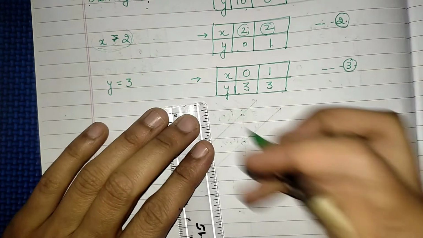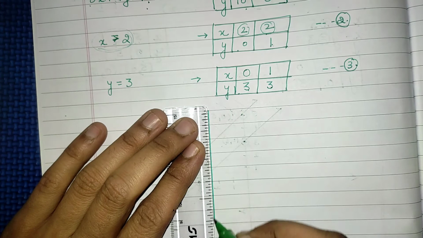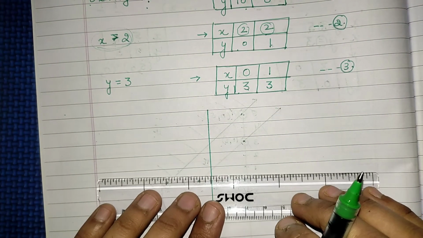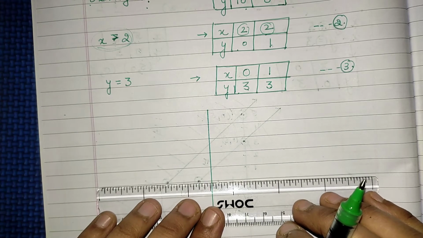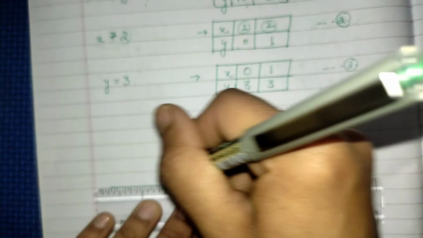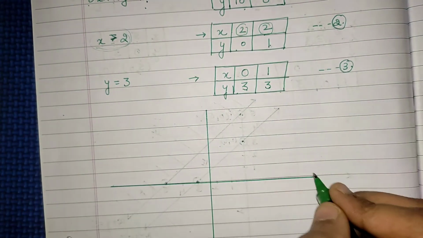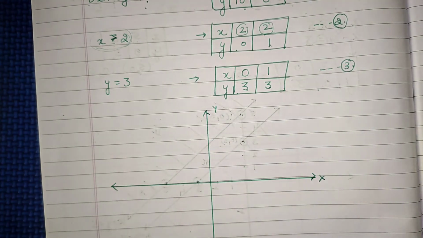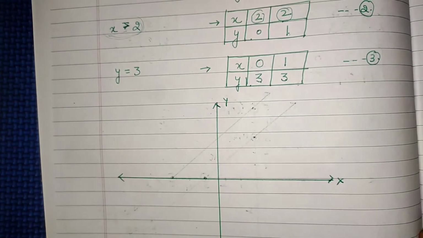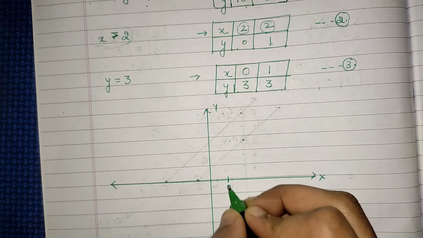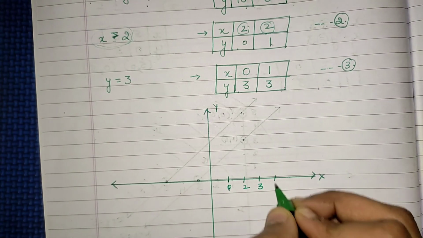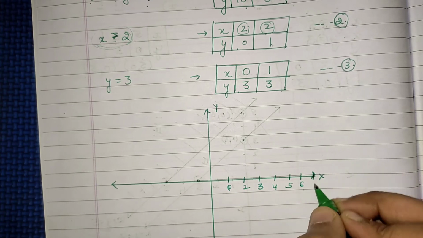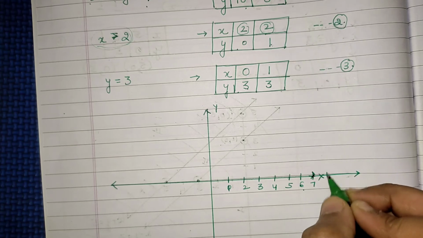So what is our next step? Our next step is to draw all these 3 lines on the graph. How will we draw? This is my x-axis and this is my y-axis. 1, 2, 3, 4, 5, 6, 7 and 8.